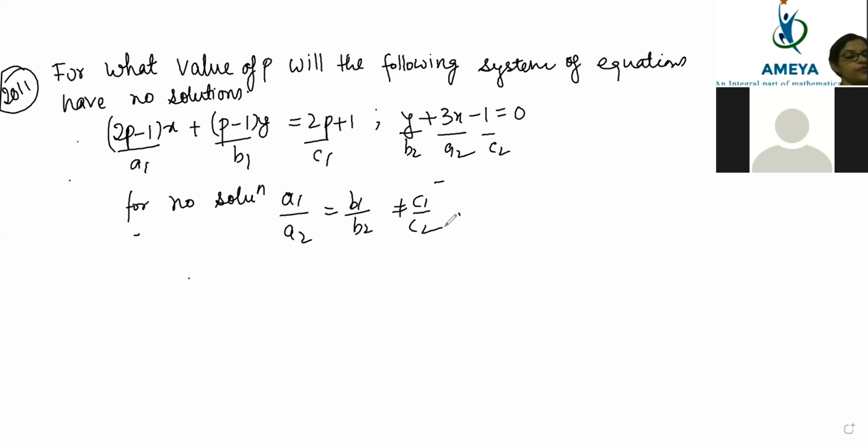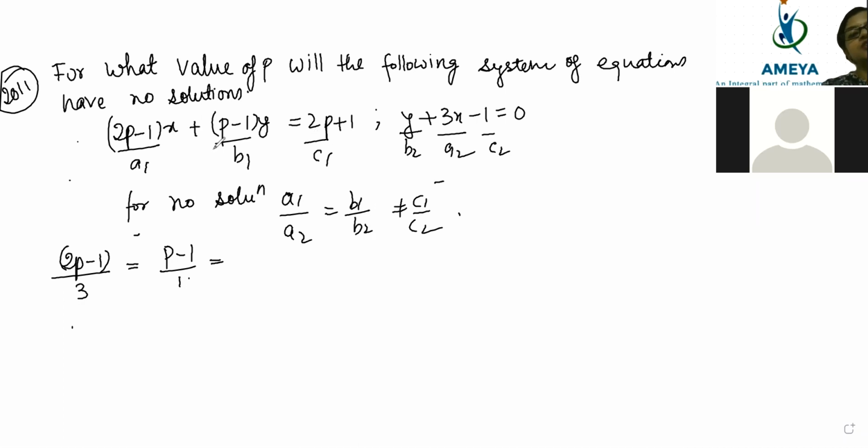Okay, so now we will be finding the value of P which is exactly there and which should not be there. So first we will write A1 by A2: 2P minus 1 by 3 is equal to P minus 1 by 1, equal to this one, C1 by C2.